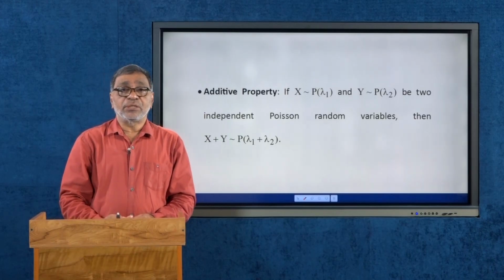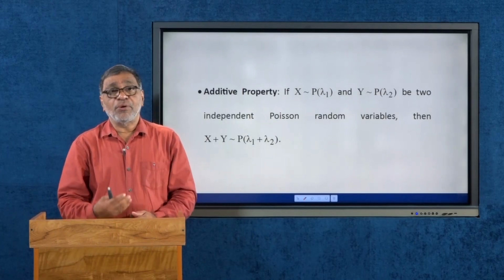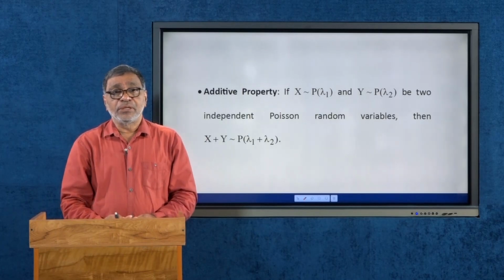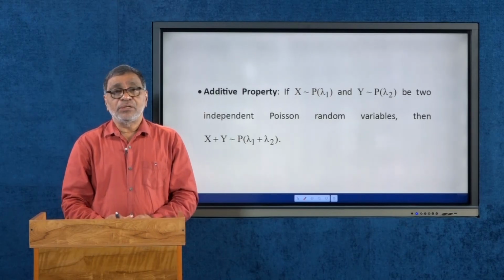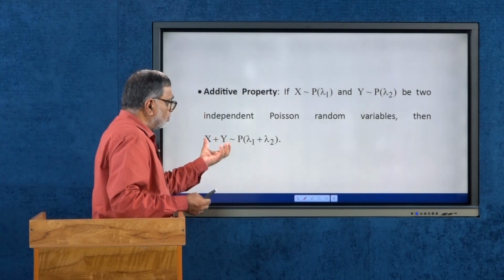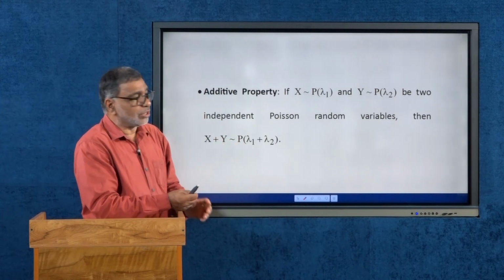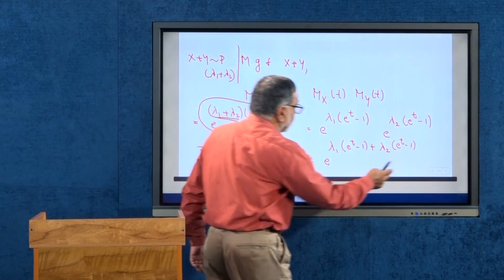We can establish it using the moment generating function technique, because we know that for a distribution, if you identify the moment generating function, we can uniquely determine the distribution. So, our aim is to find the moment generating function of X plus Y. Let me derive this moment generating function of X plus Y.